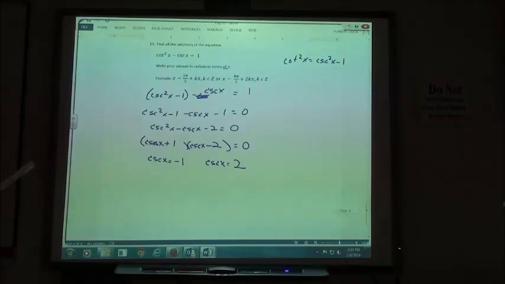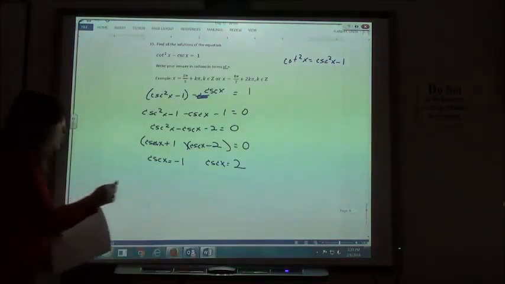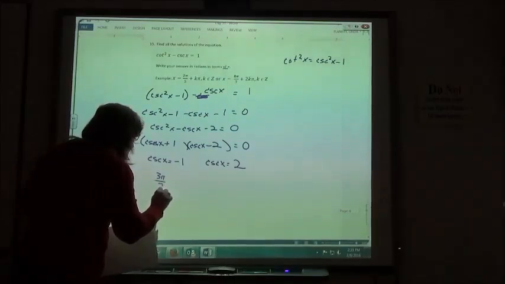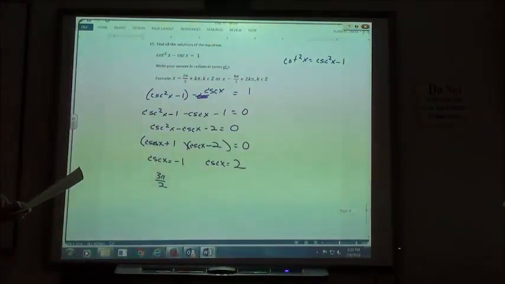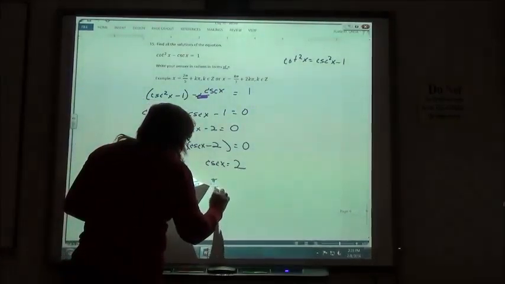So looking those up, cosecant of x equaling negative 1. Only one I find is 3 pi over 2. Cosecant of x equaling a positive 2.